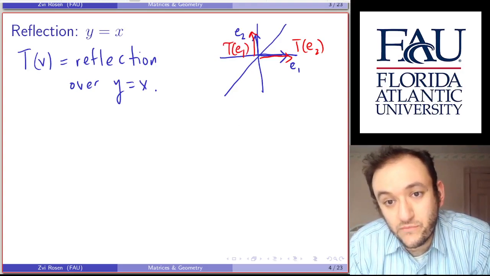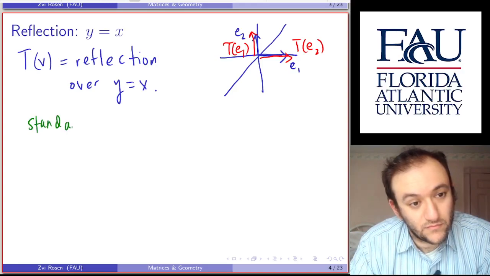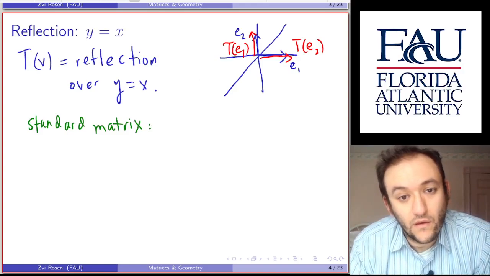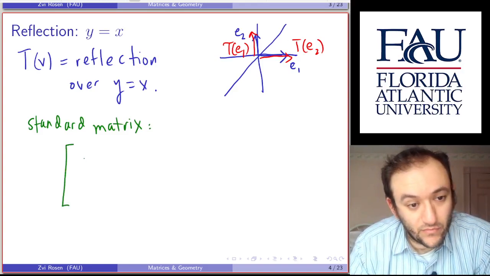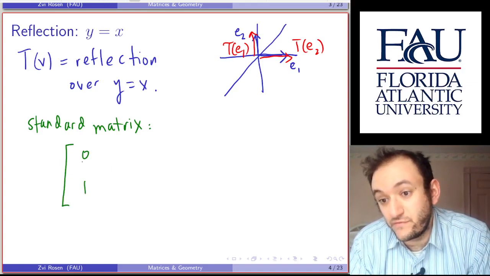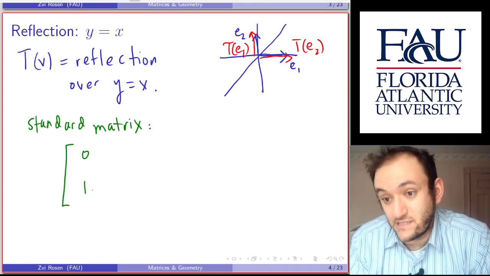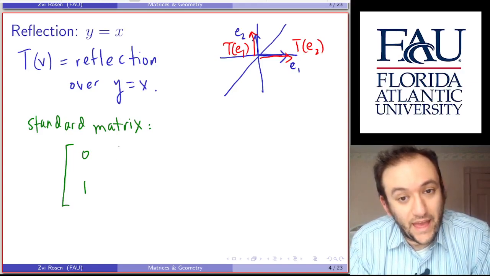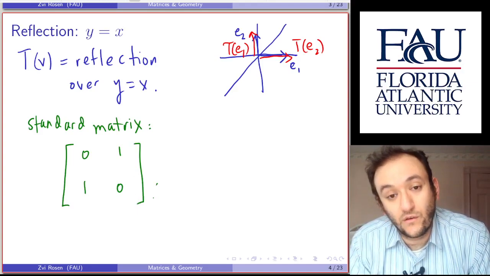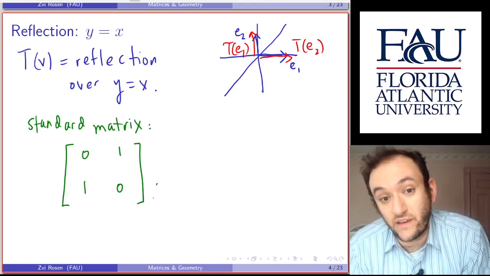So in terms of the matrix, what we'll get is 0, 1, because the output of T when we plug in e1 is e2. So we put in the second standard basis vector in column 1. And the second column is 1, 0, because that's what we get when we plug in the second basis vector. We get out the first basis vector.